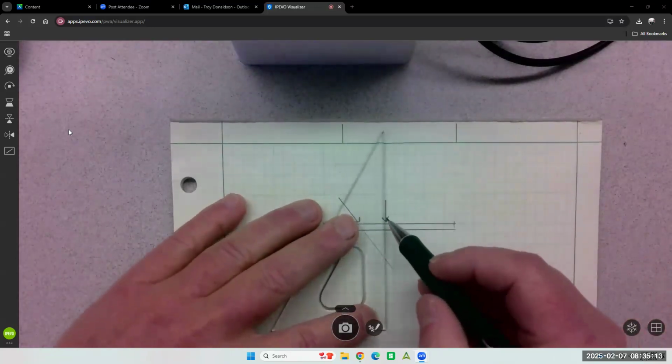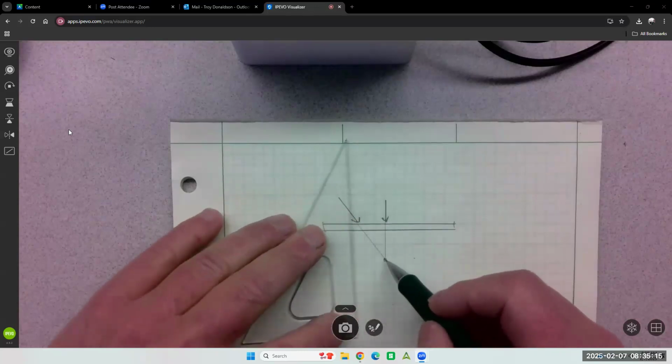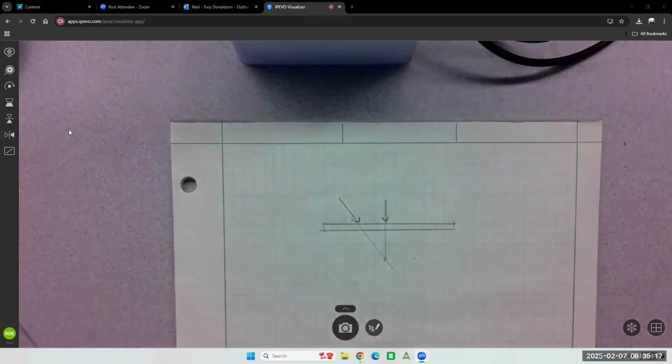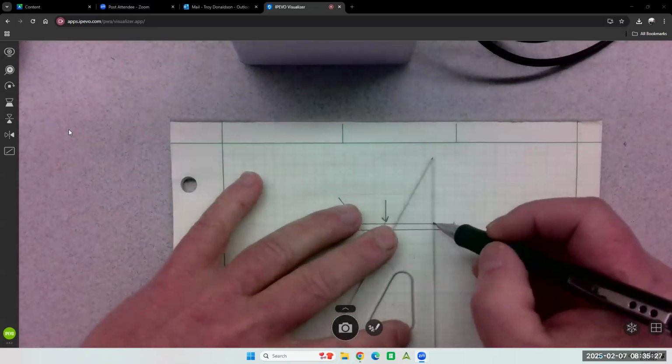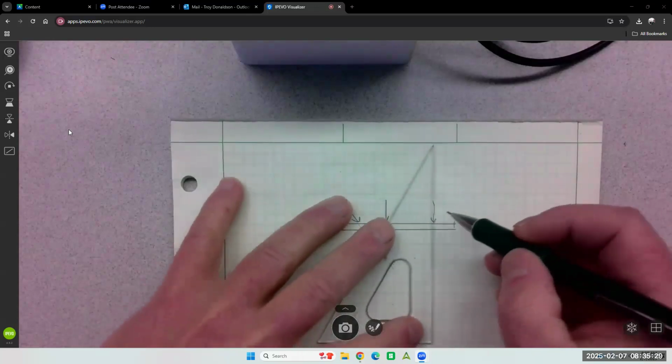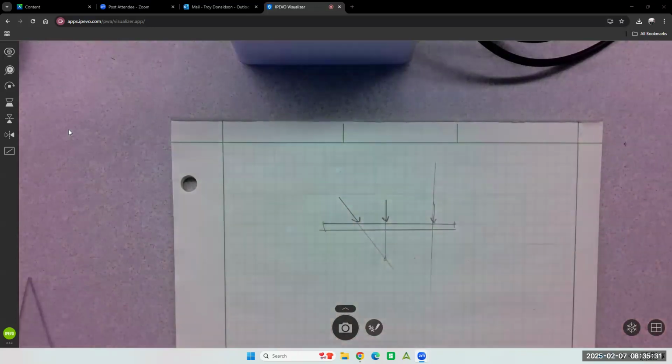So you could work it like a concurrent problem by just taking their lines of action and putting them together. So even if they intersect, then... Yeah. If you add one more though, and its line of action is here, never are those three going to intersect. Moments. That's when we've got to use our moments. It's our third tool.